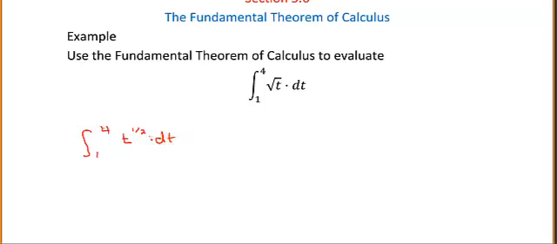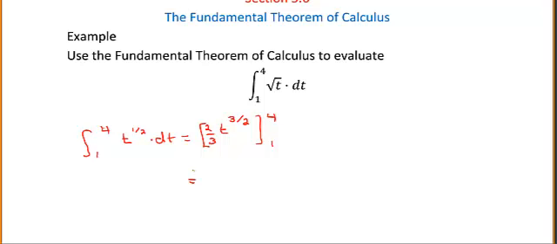Square root of t is t to the 1/2. When I anti-differentiate it, I get t to the 1/2 plus 1, and 1/2 plus 1 is 3/2, divided by 3/2, or times the reciprocal, 2/3. So this would be an antiderivative. Remember, I don't have to worry about the constant, and now I'll have to evaluate it from 1 to 4.